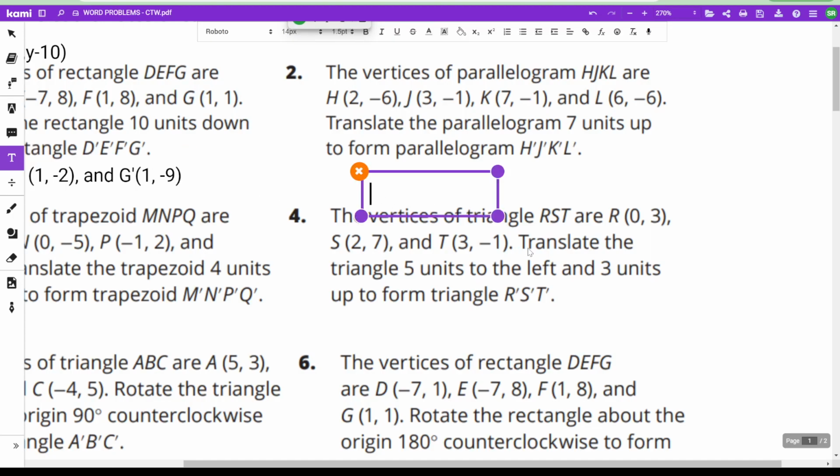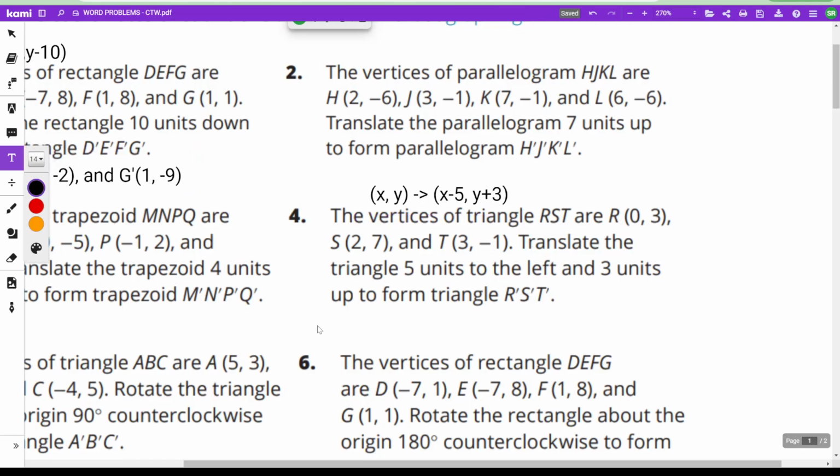Okay, so the way that's going to look on our xy coordinates is that our x coordinate, we're going to subtract 5 because we're going to the left. And to our y coordinate, we're going to add 3 because we're going up. And so let's use this to develop our new coordinates.